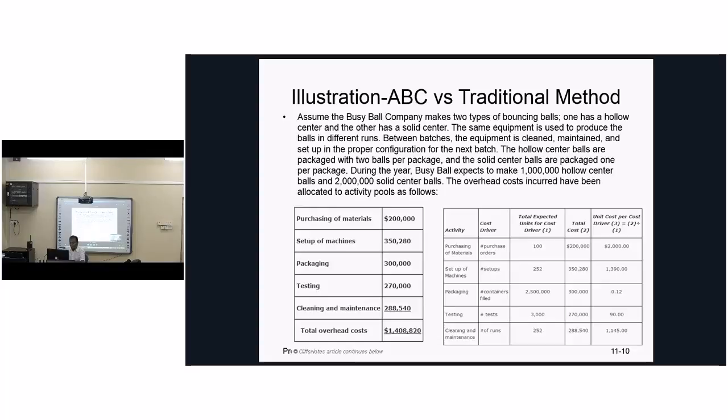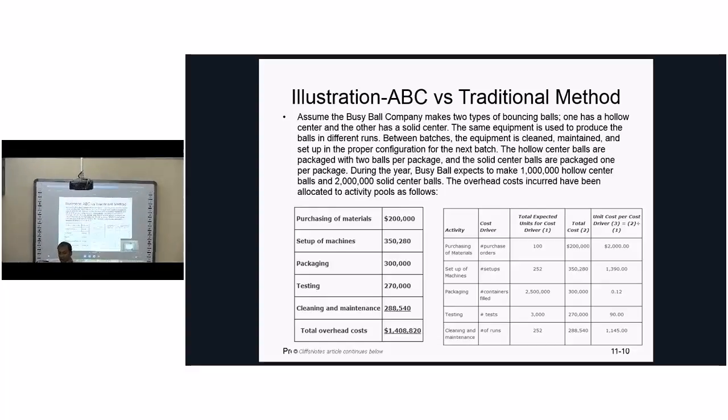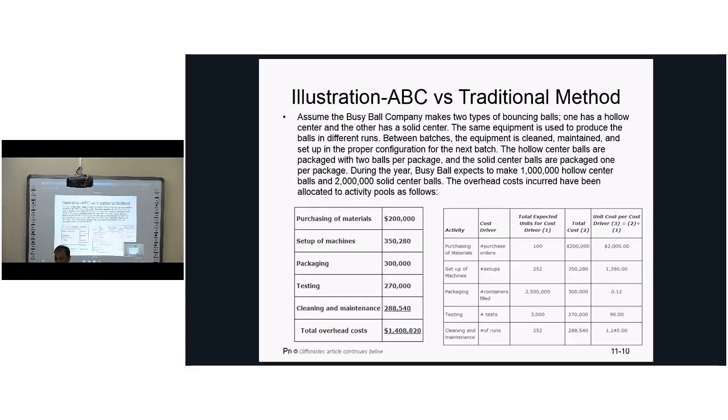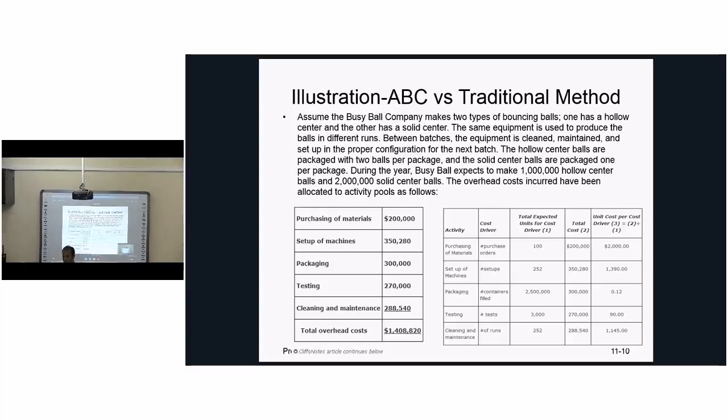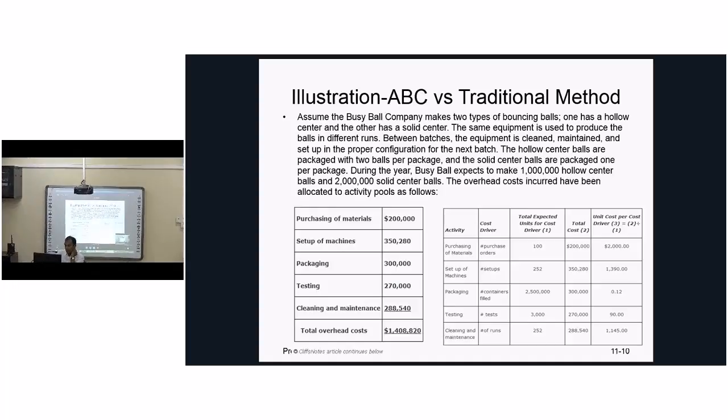You are planning to spend $200,000 for plan, and obviously it is a number of cost drivers. So what is important in the activity-based costing is there's something called cost drivers. What actually drives this cost is purchase orders. So there are 100 purchase orders to be raised for 200,000. So cost per purchase order will become $2,000.